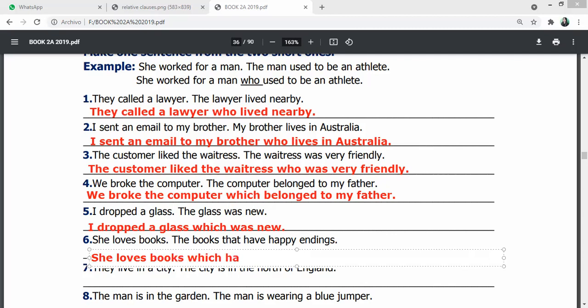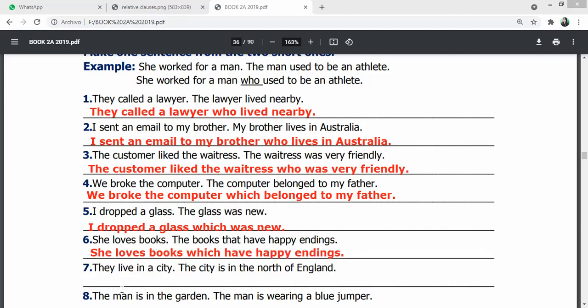Which? Very good. She loves books which have happy endings, okay? Or that have happy endings. Okay, we can say both.